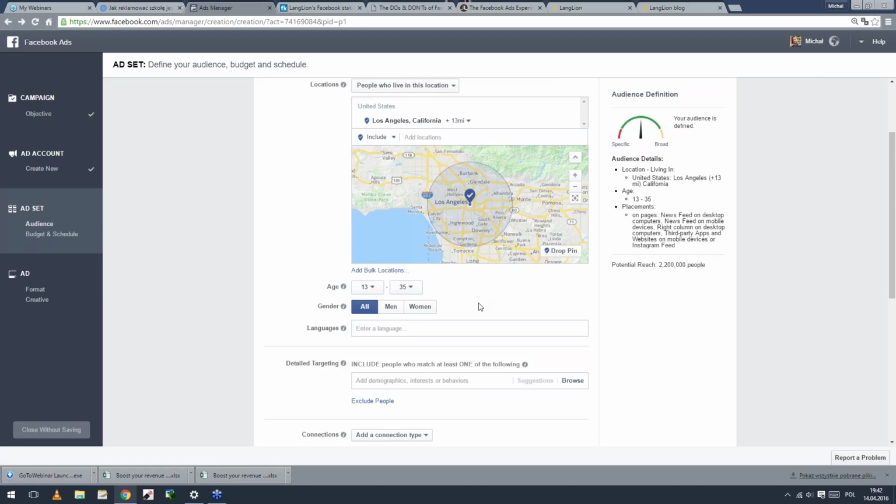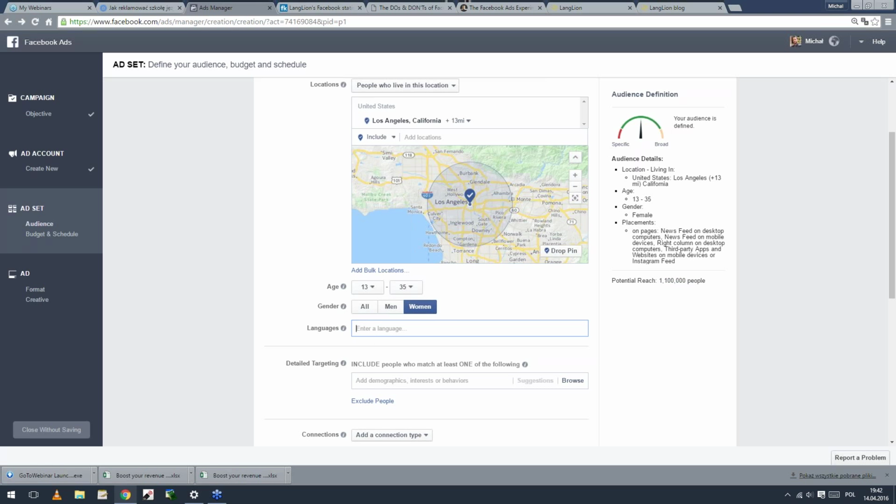Imagine a course for business English only for female managers. Why not? This is a good idea. If a school would like to focus on women more, why not? We can mark also women. So we have fewer people. This is more or less half of the Los Angeles population.